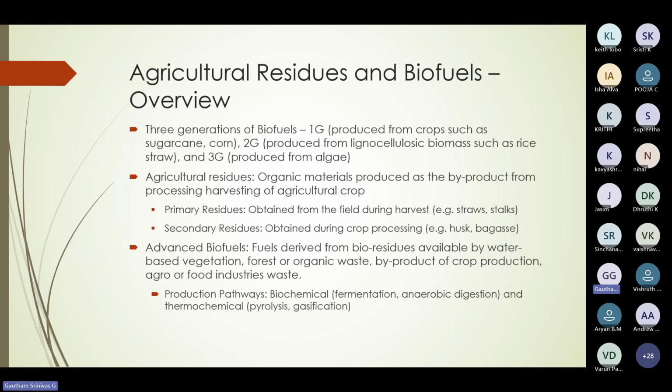And even recently, with respect to the bioethanol policy, we are at 10% ethanol blending as of 2022. We may be at 12-13% right now. Our target is 20% by 2025, next year.